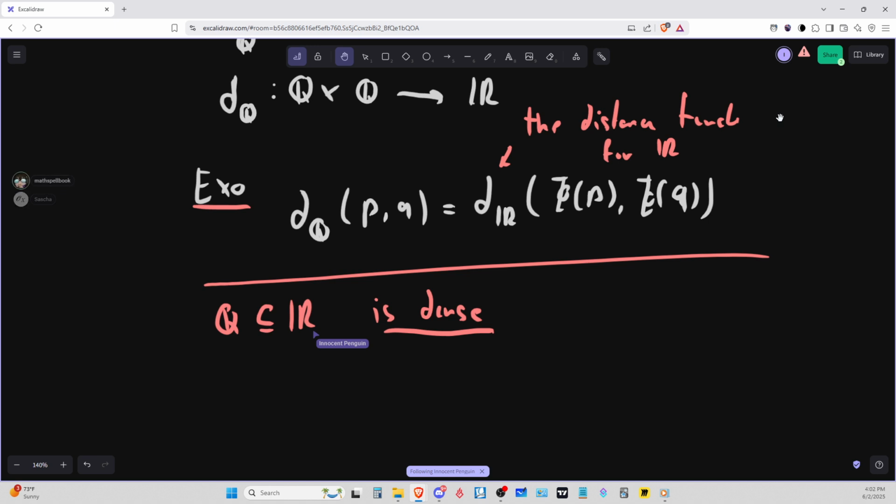For example, you give me pi, and I'm able to find a sequence of rational numbers that gives you pi. You basically saw an example last time with square root of 2. We wrote a sequence of rational numbers which converged to square root of 2. We're going to show it's always possible to do that for every real number.